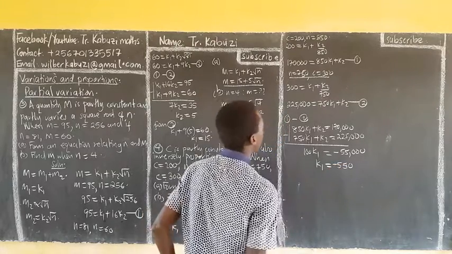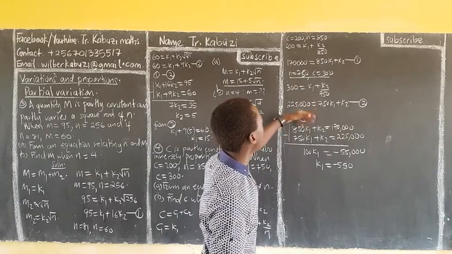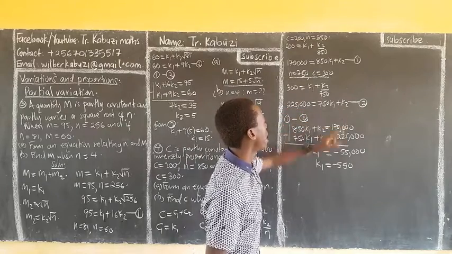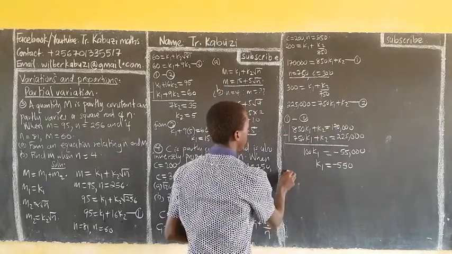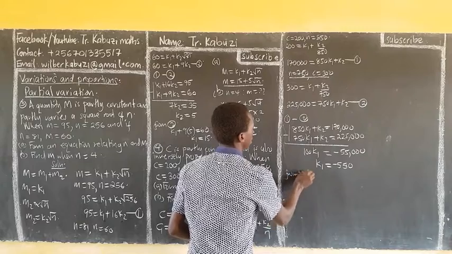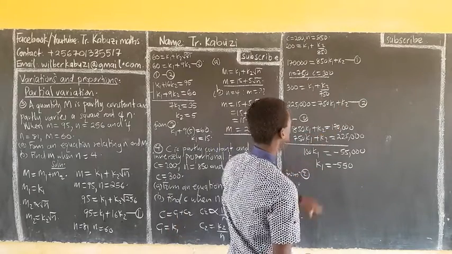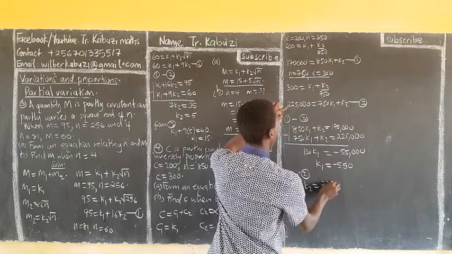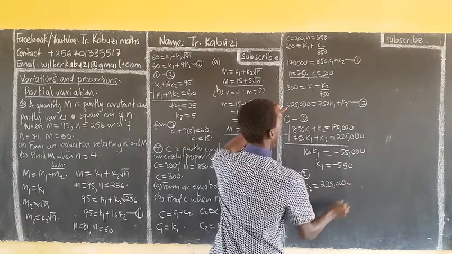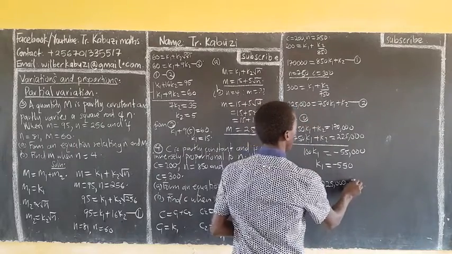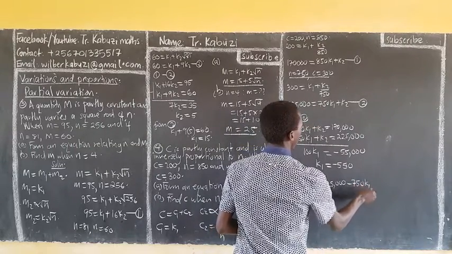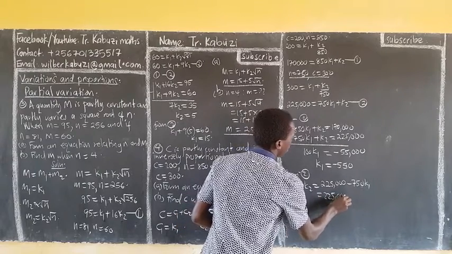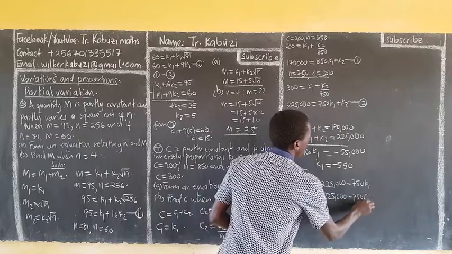So if K1 is that, we come here and we get our K2. Any equation from here, say from equation 2, you see that my K2 will be 225,000 minus, when I take this side, 750 into K1.